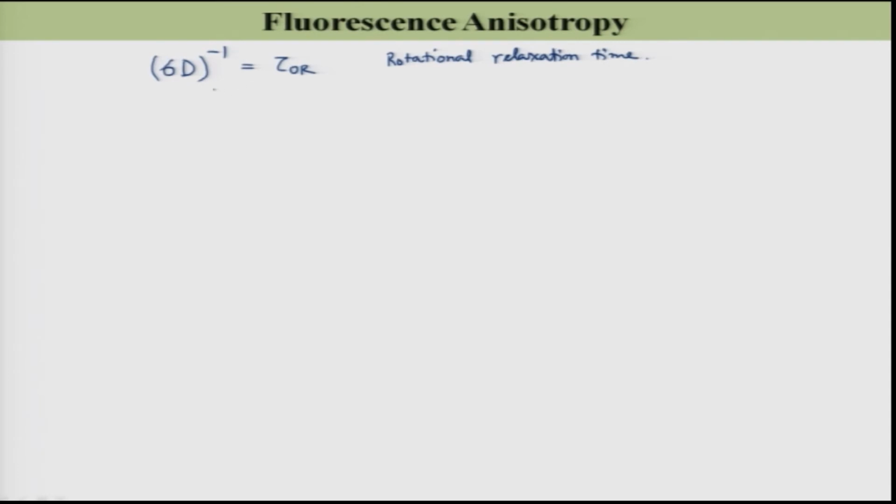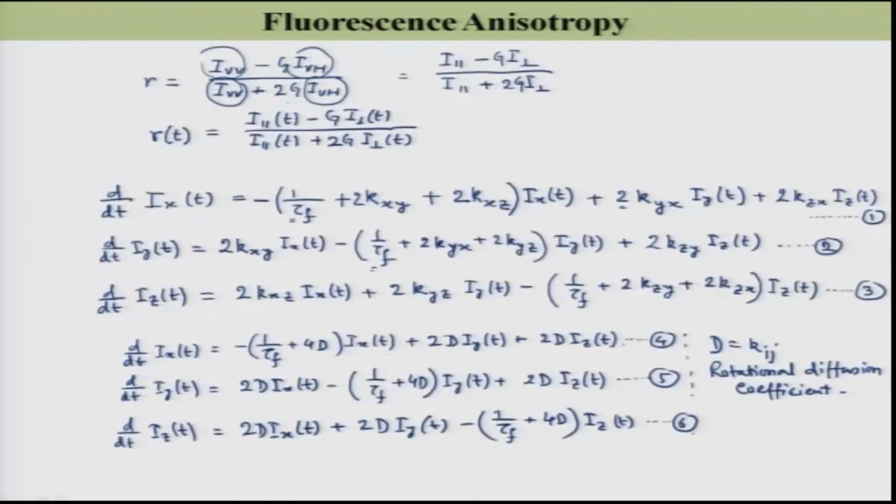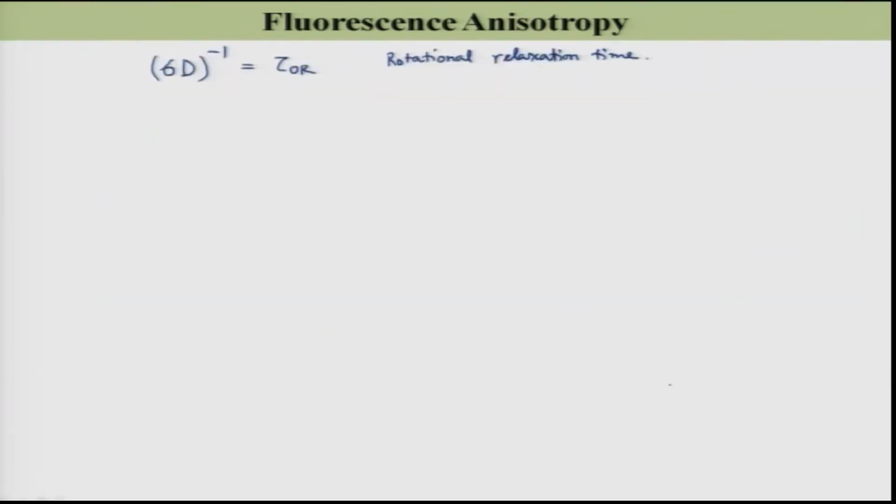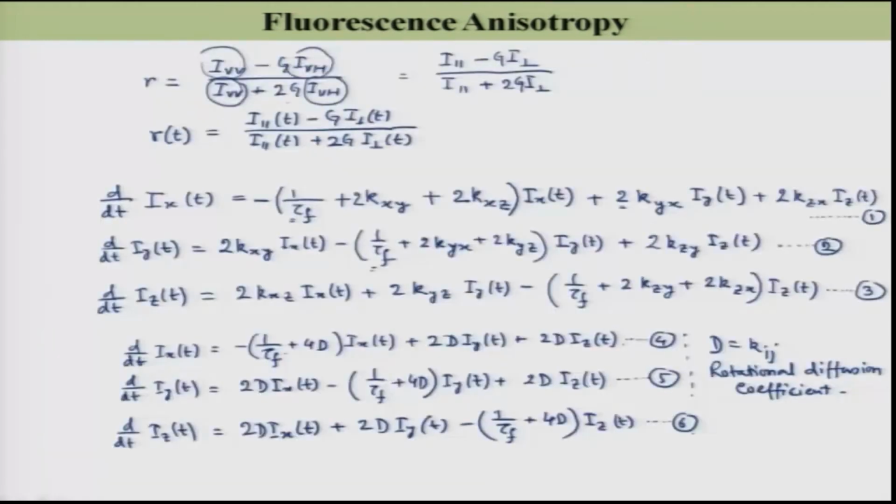So, now what I will do, you see here, I will do this 4 minus 5. So, equation 4 minus equation 5, if I do. So, the linear operator d/dt of (I_x(t) minus I_y(t)) is equal to minus, what you will get, (1/τ_f + 4D) from this x, and from here you will get 2D, right.